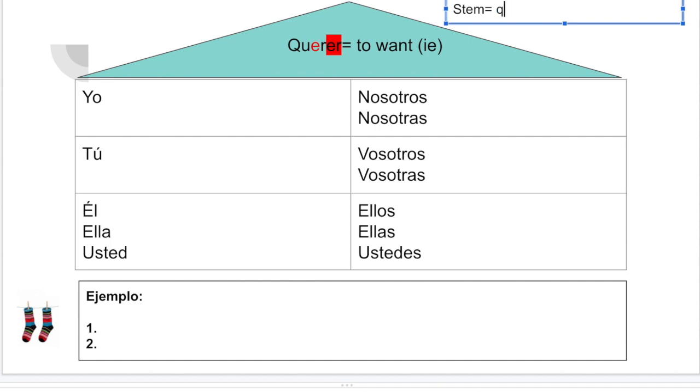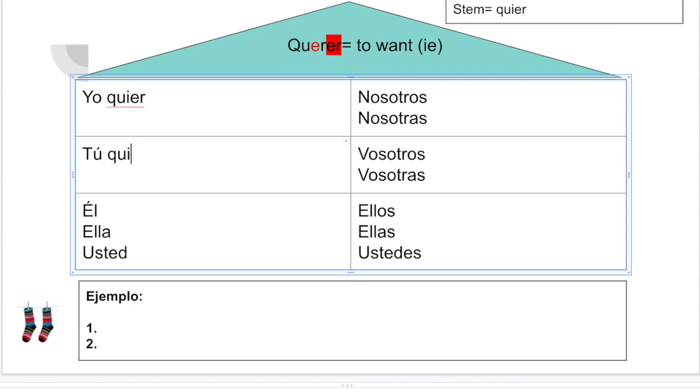So I'm going to write, that's the stem. So I'm just going to get rid of the ER. Just the two last letters. As with AR, I get rid of the ER. So I'm going to write the stem in all of them. Except here.